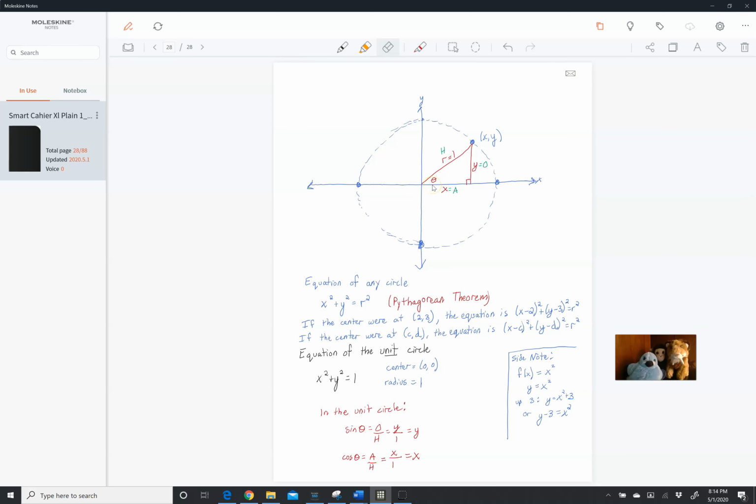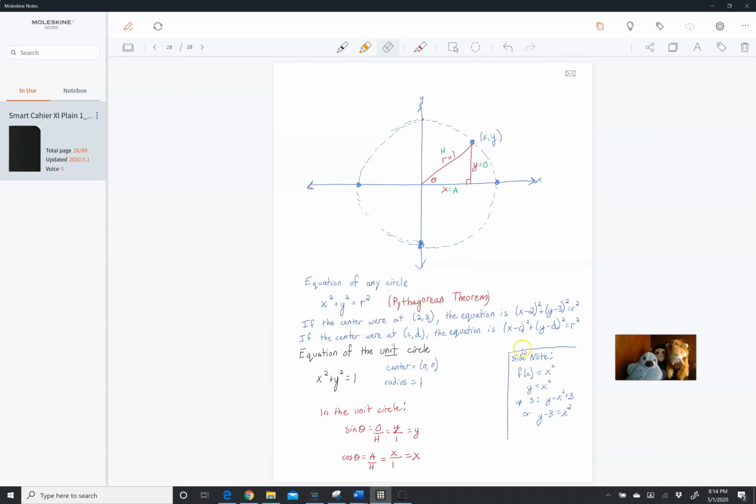This angle is theta, and the sine is opposite over hypotenuse. When we label the three sides, the opposite side is y, and the hypotenuse is 1. So the sine of theta is just equal to y. Now we can do the same thing for cosine. The adjacent side is x, the hypotenuse is 1, so the cosine of theta is x over 1, or just x. You'll see why that becomes important in a few minutes.